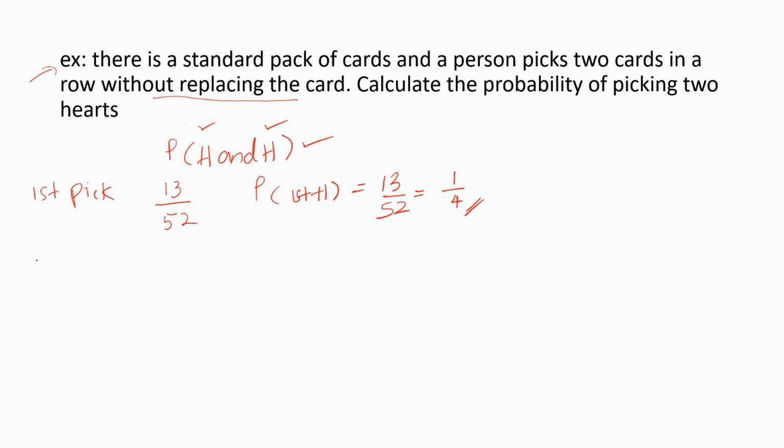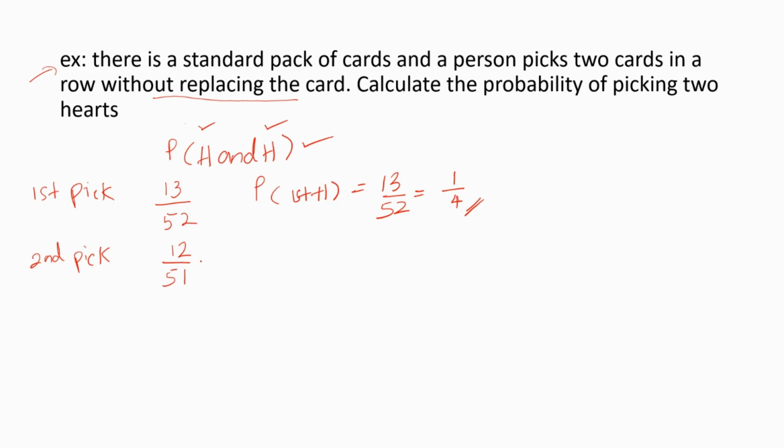Now let's calculate the second pick. So now there are only 51 cards in the pack because the person is keeping the first card. Now how many hearts in the card pack? Now there are only 12 hearts because the first card was a heart. You have to understand this is the condition.